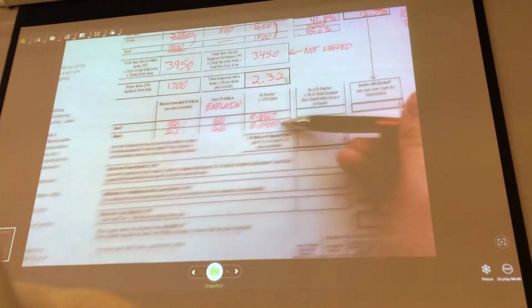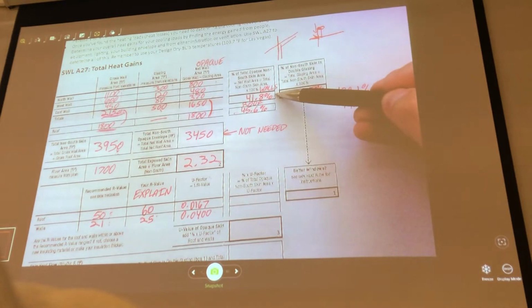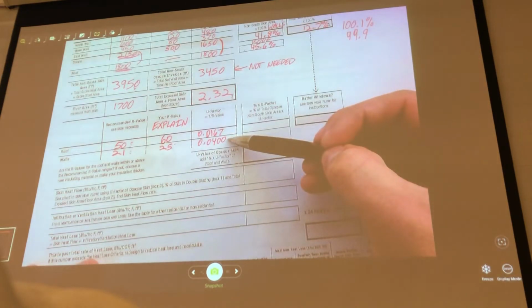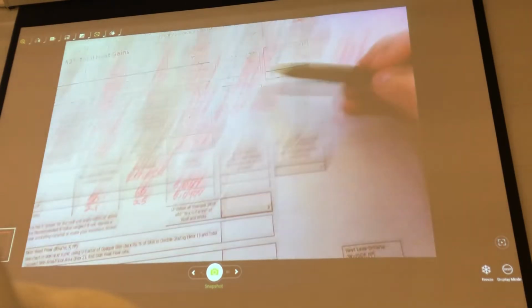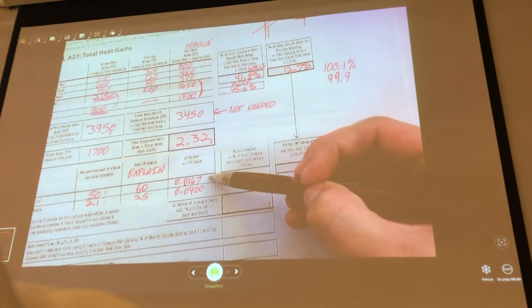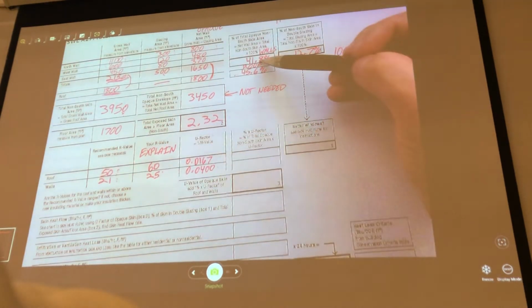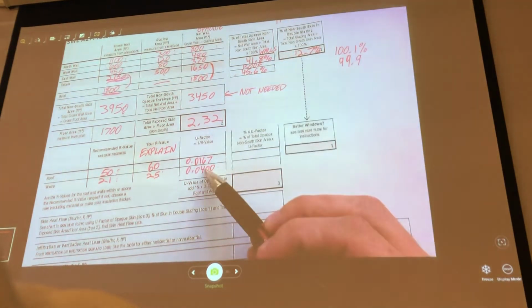And we've already done that. We've got our percentages right here. So all we're going to do is take our percent for our walls, multiply it by our U factor for our walls. We're going to take the percent of our roof and multiply it by the U factor of our roof. So 41.8% times 0.04.